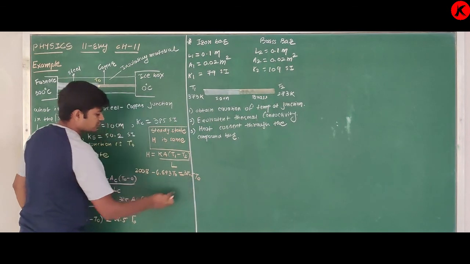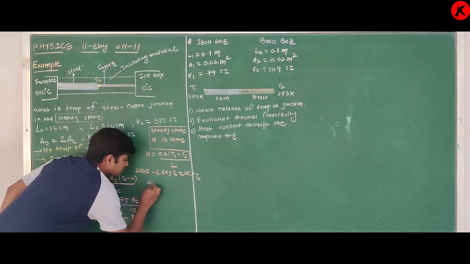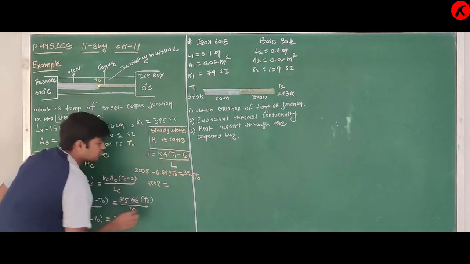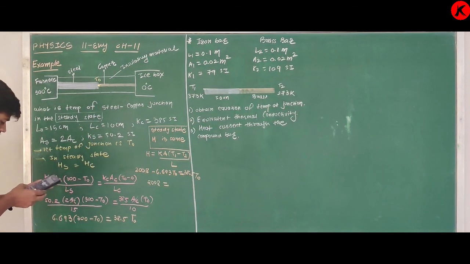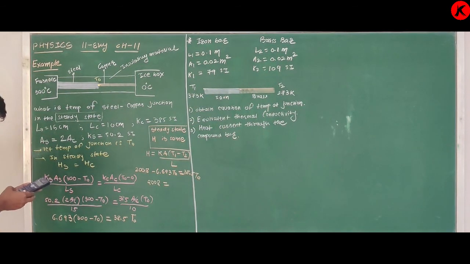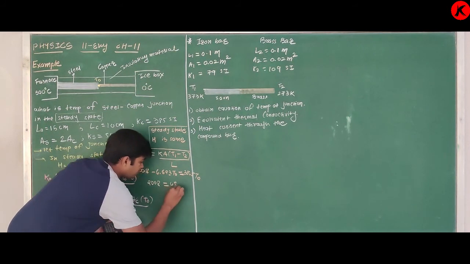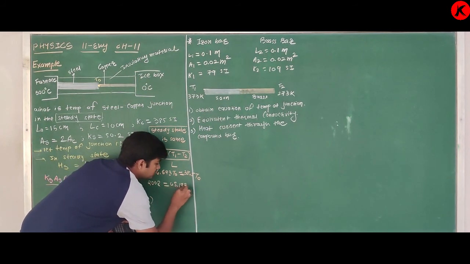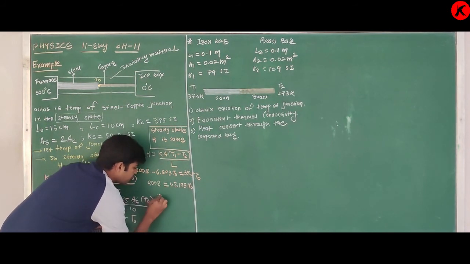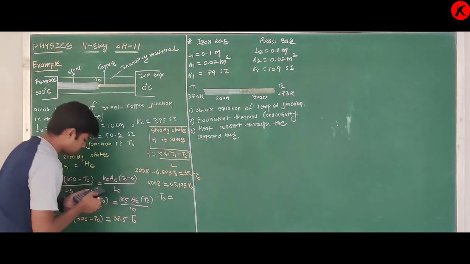Now if I take this term to this side, then I can write 2008 is equal to 38.5 plus 6.693, which is 45.193 T0.